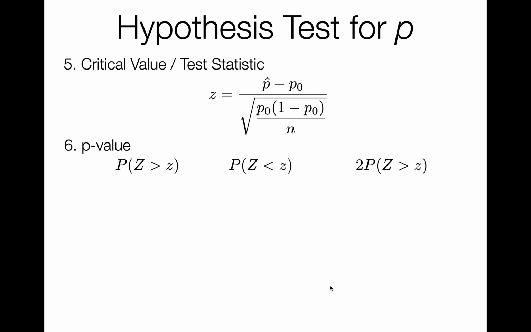Okay, it's the p-value, and so I've put here 3 different options, and they correspond to alternative hypotheses of these things. Okay, so actually they should be flipped.